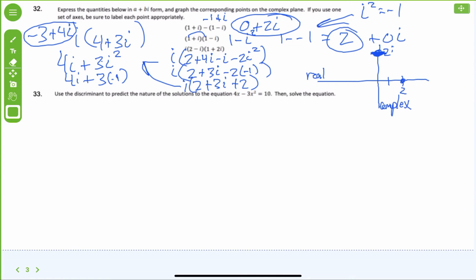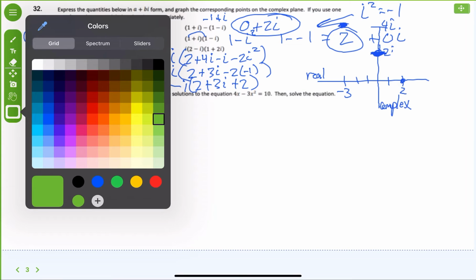If we just had 2, that's going to be over here at 2, which is this one. And now where are we going to have negative 3 plus 4i? Well, that's going to be 1, 2, 3, negative 3. And then 4i is going to be all the way up here. Sorry I don't have much room there, but there's your 3 points. Maybe I can write those in a different color to make them stand out. Let's do red.